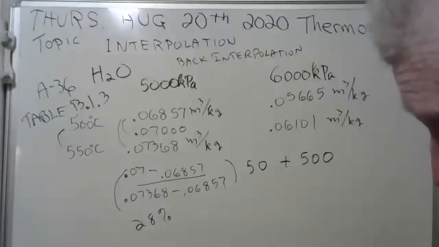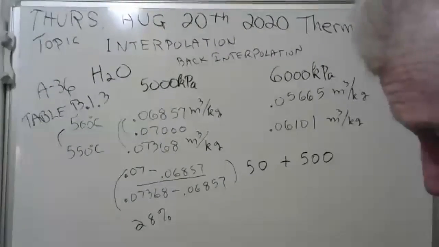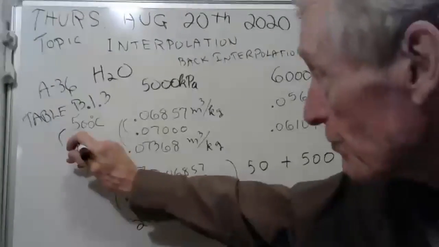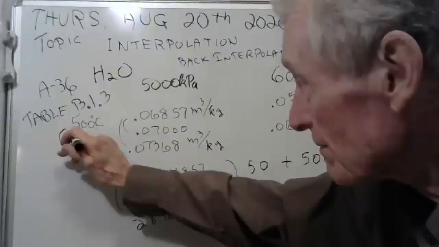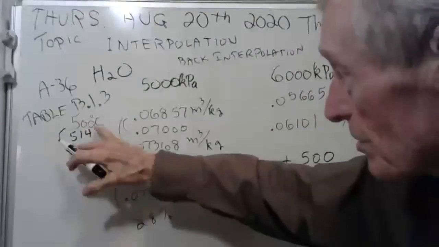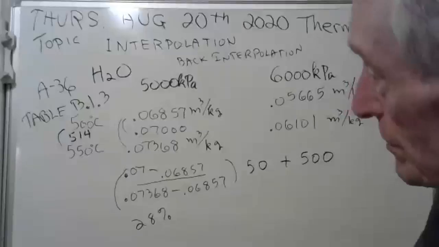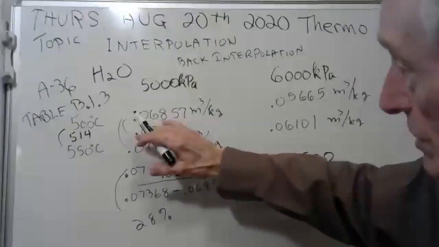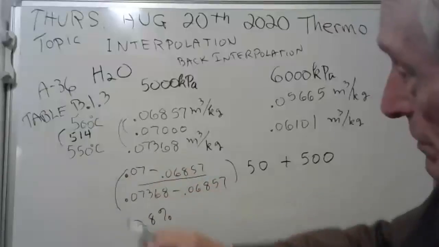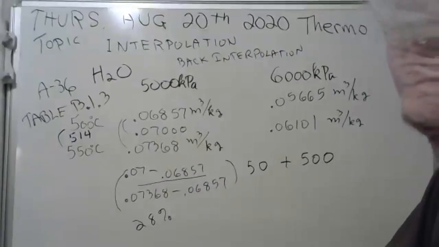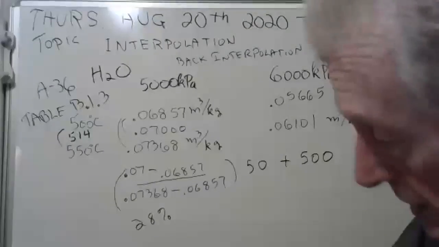Okay, I'm going to do that. It's 514. See, it's closer to the 500 because 0.07 is closer to 0.068 than it is to 0.73. Okay, gotcha. You're okay now, Mohammed? Yes, I got it. Yay, good going.